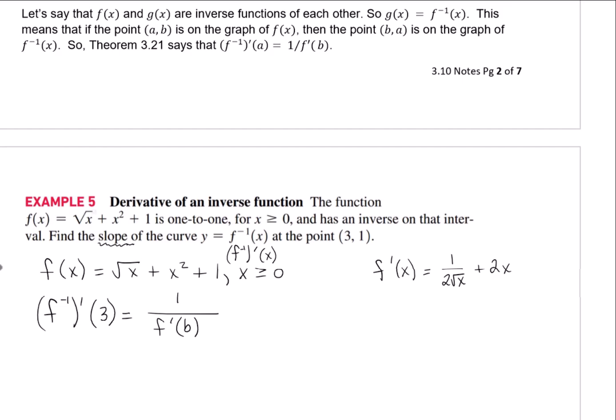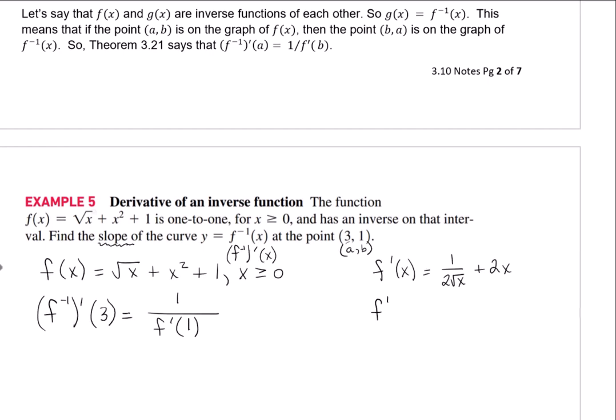Okay, so we're supposed to find the slope of the curve f inverse of x at this point. So f inverse prime of 3 is going to be equal to 1 over f prime of b, where b is the 1. This is this point right here, (a, b). So we're going to take that 1 and put it in.